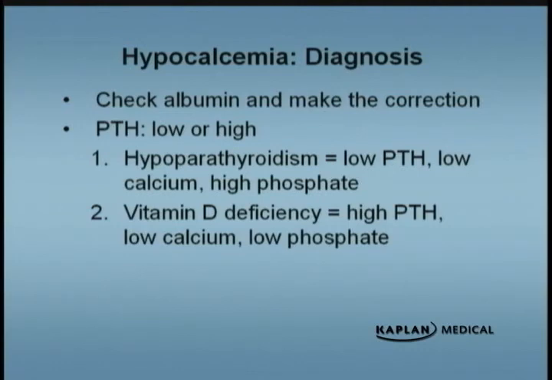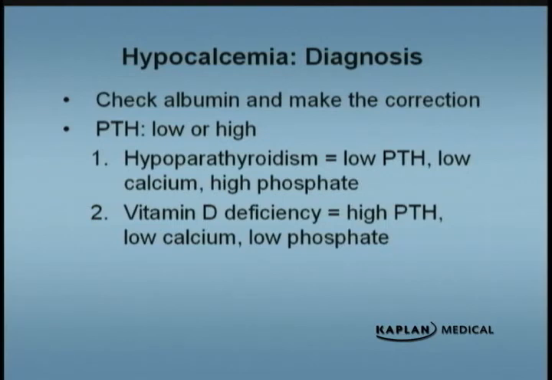If it's high, then it's vitamin D deficiency, and the parathyroid hormone is high because they have what is called secondary hyperparathyroidism. It's high because the calcium is low because there's no vitamin D. So the vitamin D deficiency decreases your calcium level, and this increases the parathyroid hormone, because the parathyroid hormone tries to adjust for the drop in calcium. So that's called secondary hyperparathyroidism.